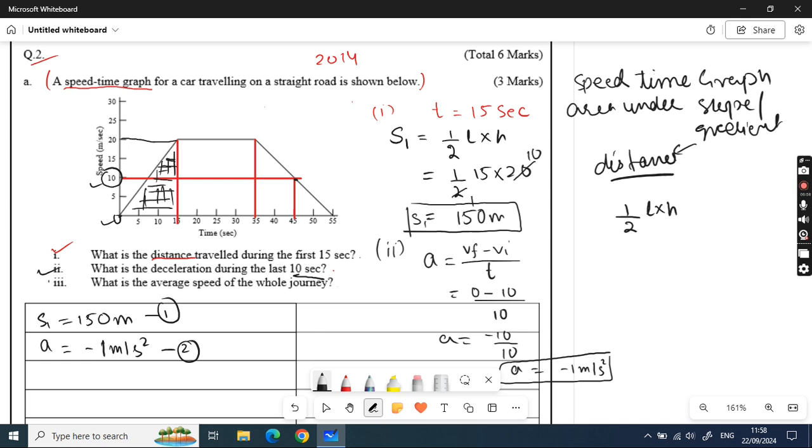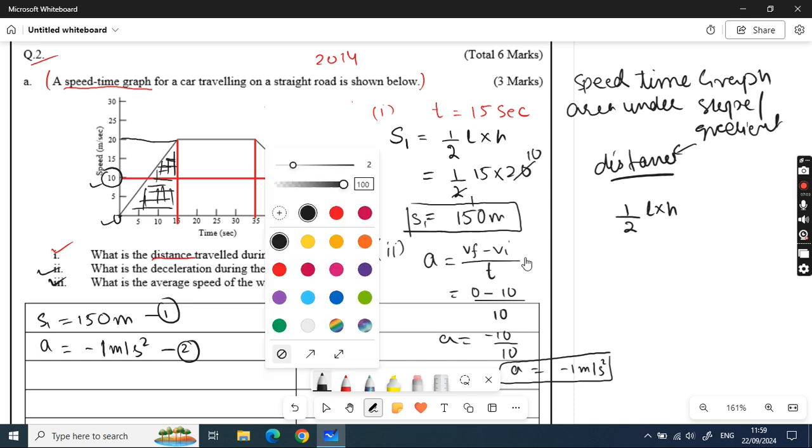Now we are moving to the third part. What is the average speed of the whole journey? For the whole journey we need to find the distances separately. First we find distance S1.